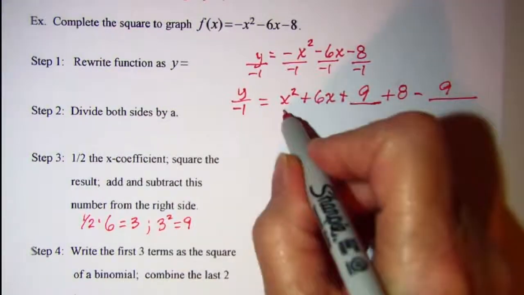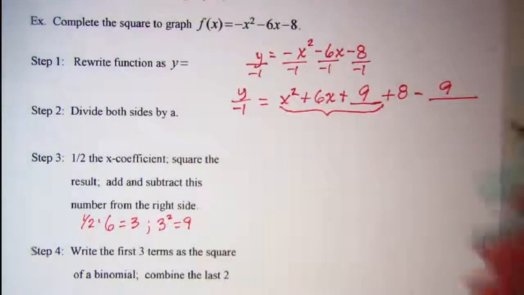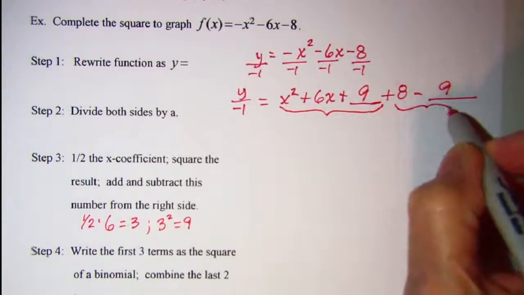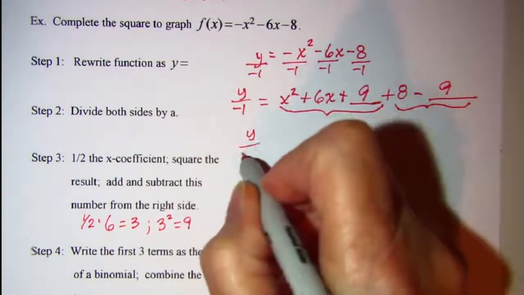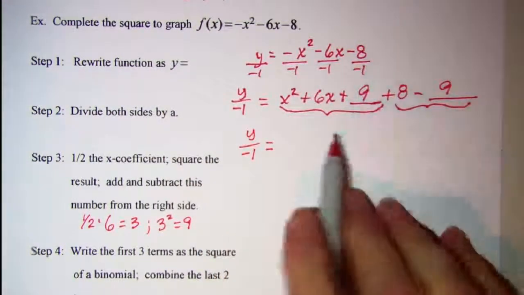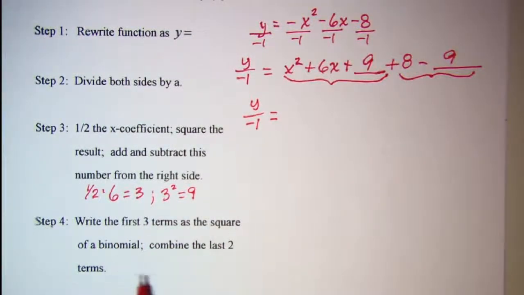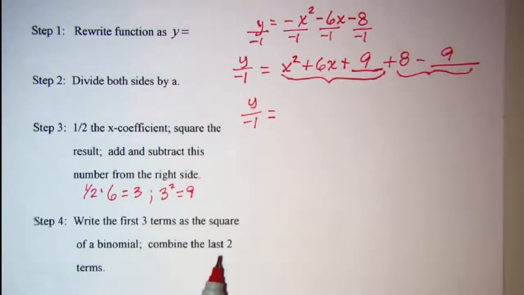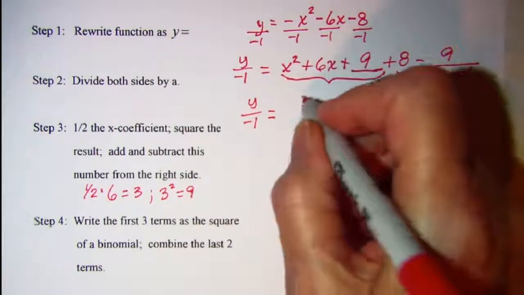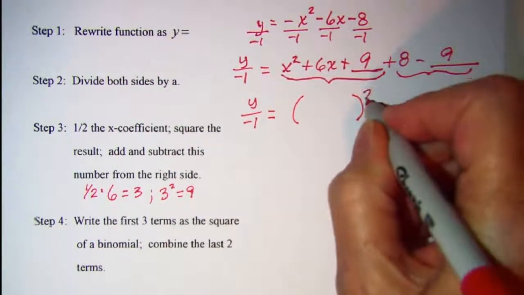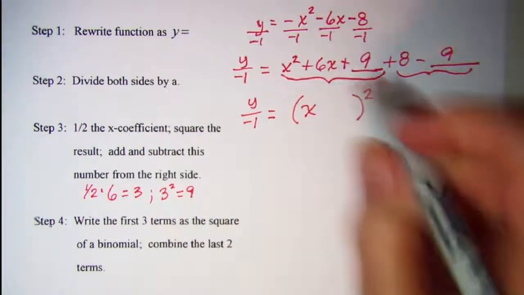Now I'm going to be working with the first 3 terms and then the last 2 terms. I'm going to group those. So I have y over negative 1 equals, this is step 4, is to write the first 3 terms as the square of a binomial and then combine the last 2 terms. So the first 3 terms right here, we'll want to square root the x squared, that gives me an x.